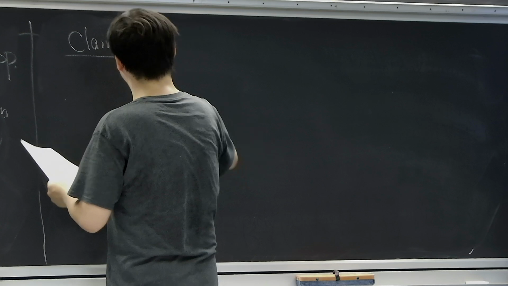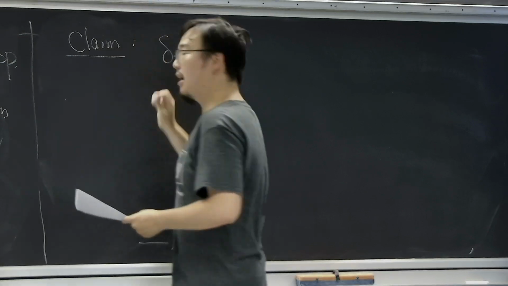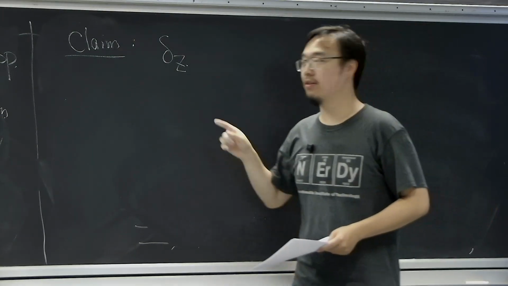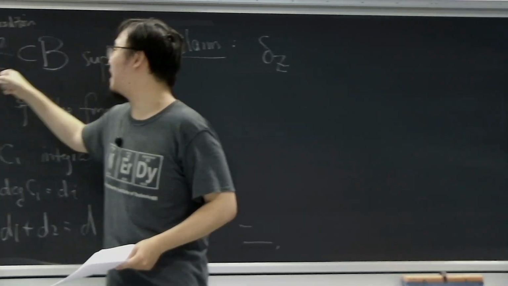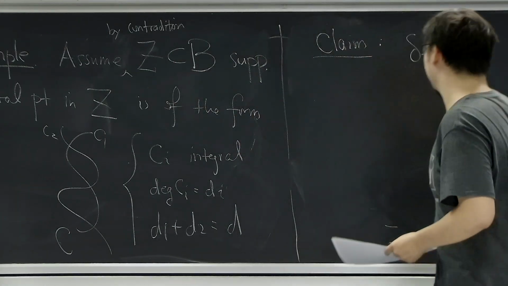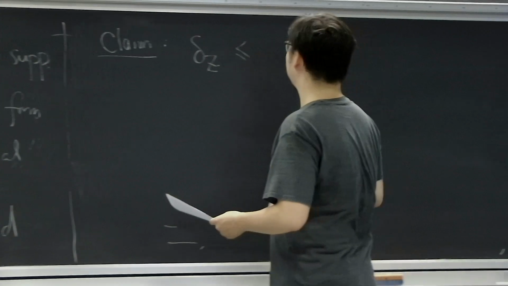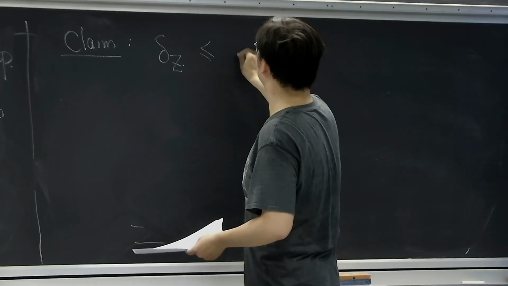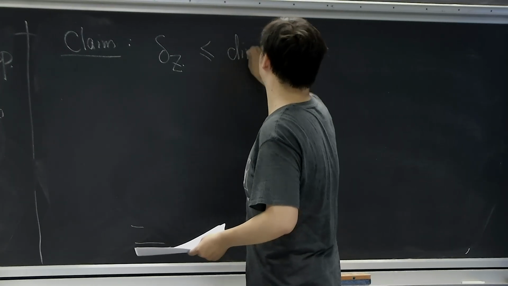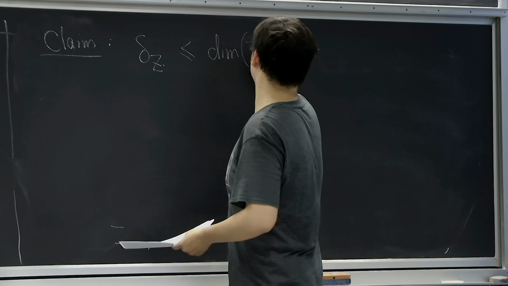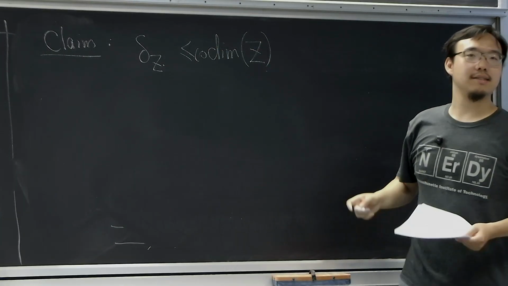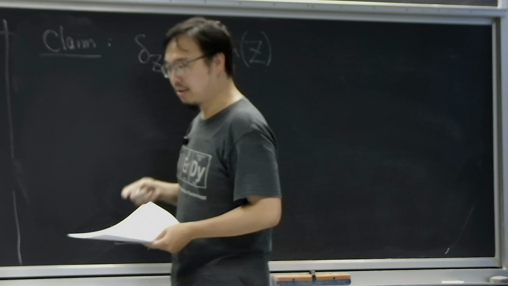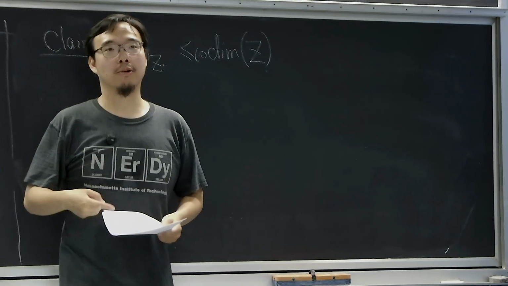So the claim is that now I want to do the Savary inequality for this Z, whose generic point lies outside of B circle, of course. And as you expected, the classical Savary inequality tells you that it's bounded above by the codimension of Z, which is the case where the Engels inequality is an equality.